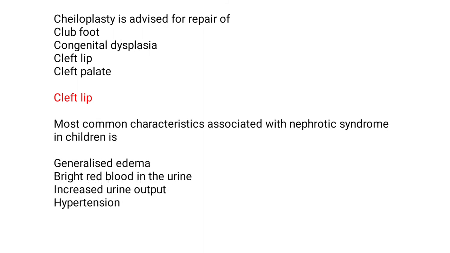Most common characteristic associated with nephrotic syndrome in children is, options: generalized edema, bright red blood in the urine, increased urine output, hypertension. And the answer is generalized edema. Ringer lactate solution is, options: hypotonic, hypertonic, isotonic, colloid.